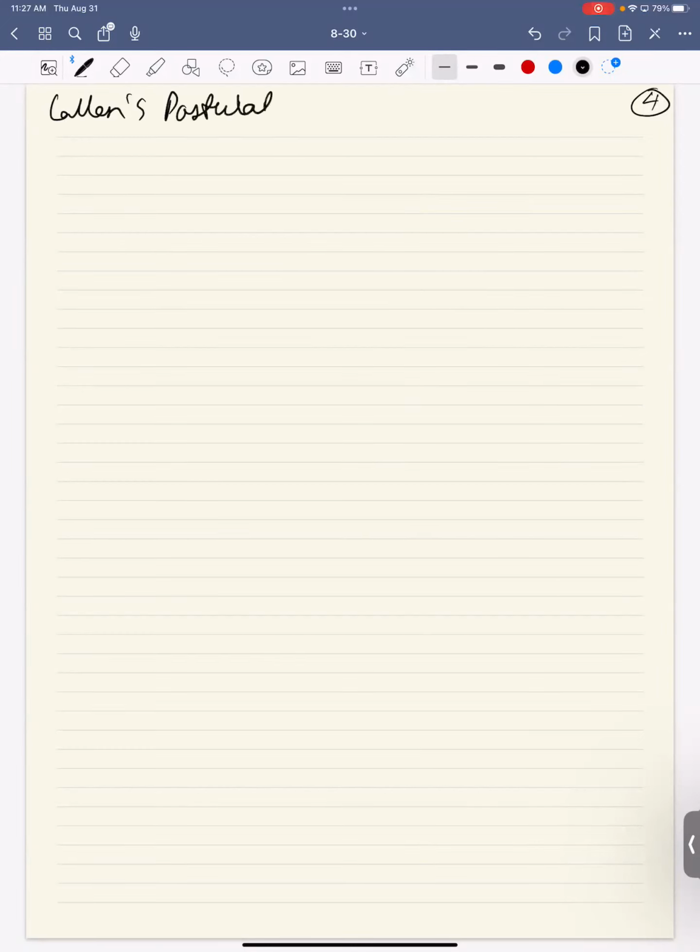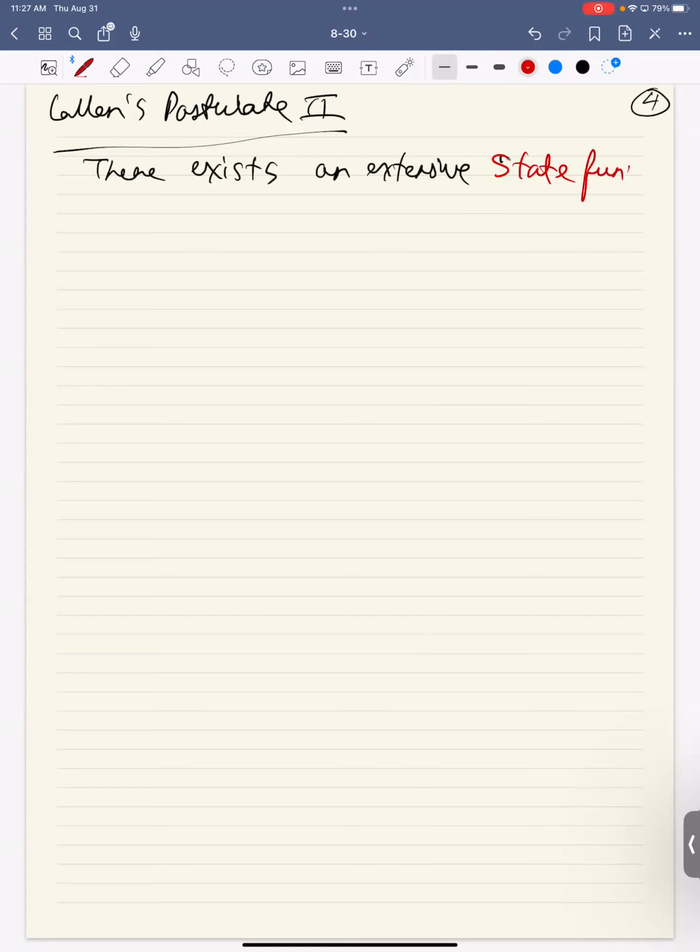The first postulate just told us that an equilibrium state exists. Callan's second postulate gives us tools to characterize this equilibrium state. What will it look like? What is this equilibrium state? This says that there exists an extensive, and I'm going to color this in red because this is so important, state function. By state function, I mean it does not depend on how you prepare the system. It is path independent.